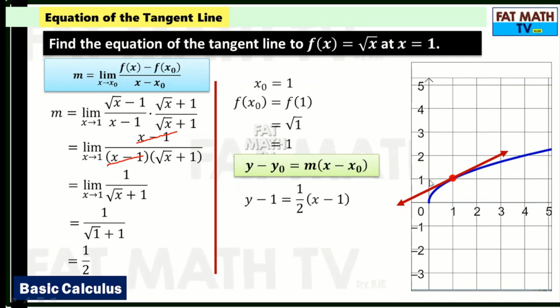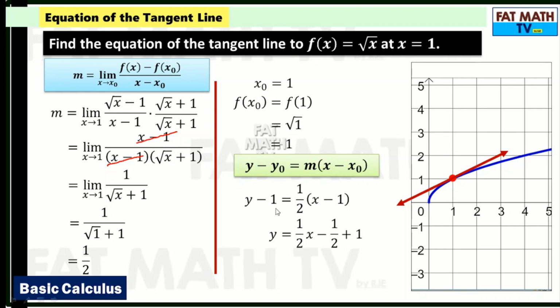And then substitute it here. So y minus y null. Y null is this. Equals m, 1/2 is this one, times x minus x null. This is x null given 1. So you really have to remember these two formulas, this and this. So you can distribute 1/2 here. 1/2 times x is 1/2 x. 1/2 times -1 is -1/2.